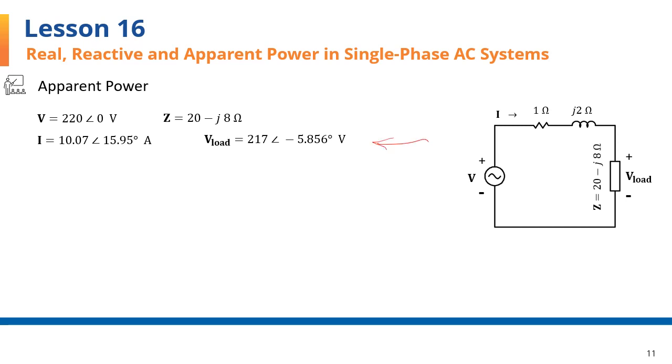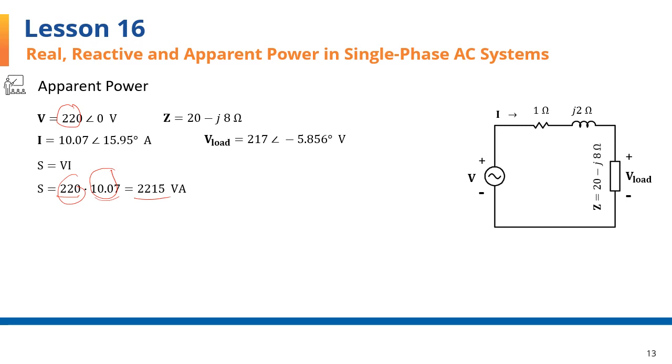We can find the source apparent power by multiplying the magnitude of the source voltage by the magnitude of the current. Here is the equation, S equals magnitude of V times magnitude of I. So the components are scalar, and the product also is a scalar real value that we obtain for S. Here's the apparent power of the source by multiplying the source voltage, 220, times the source current, again, just the magnitudes, and the product comes to 2,215 volt amperes or 2.215 kilovolt amperes.